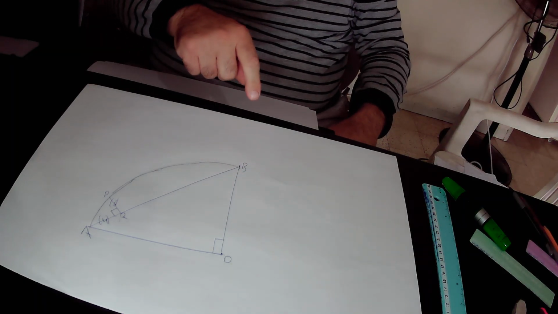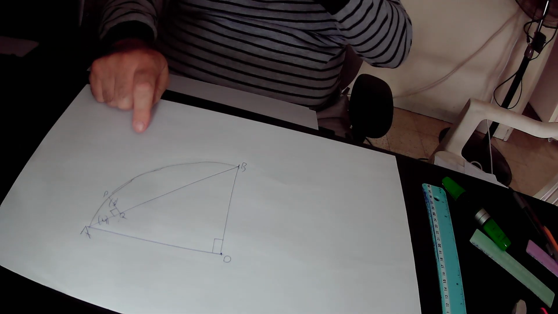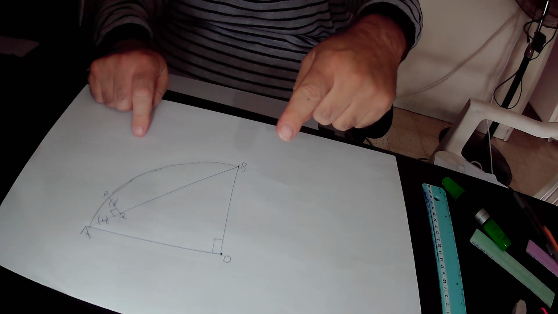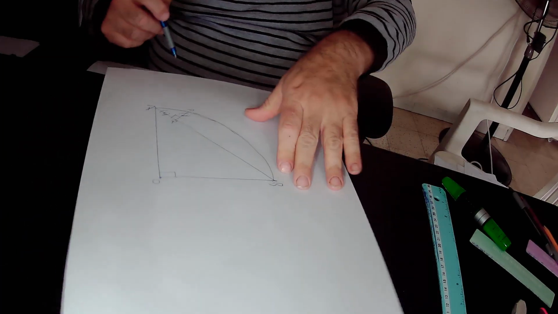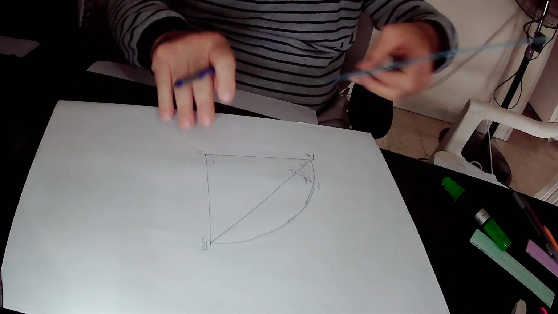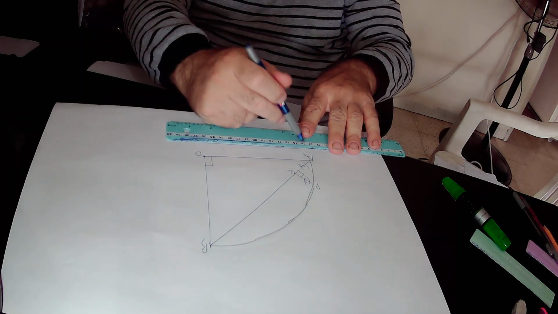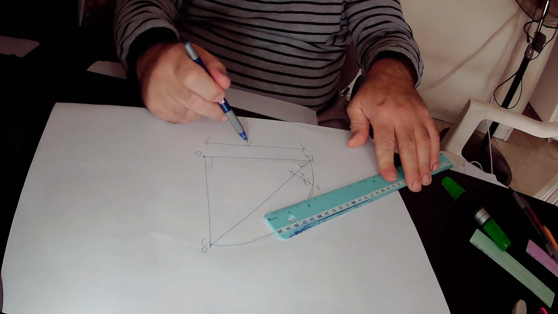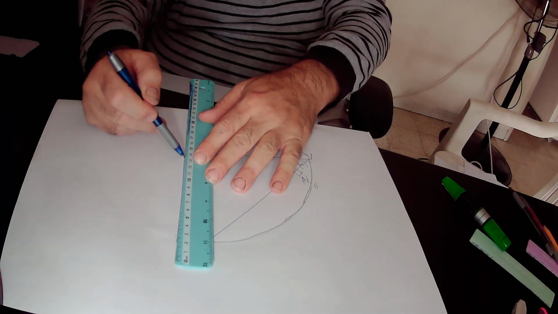OB equals OA, both are radii of this quarter circle, therefore they are equal to each other. If we define the radius of this quarter circle as R, then OA equals R, and OB is also the radius, therefore it is equal to R according to our definition.